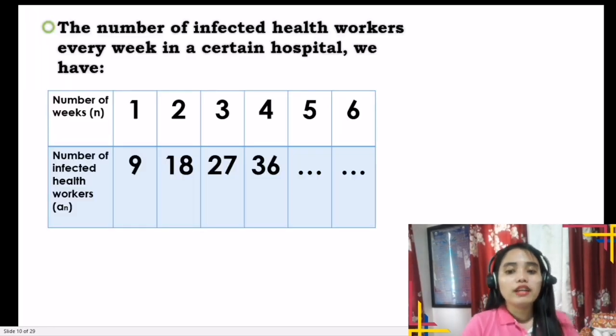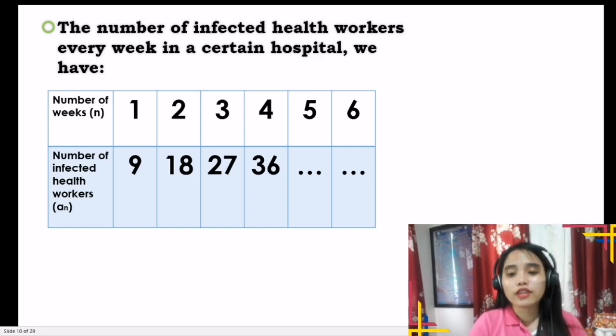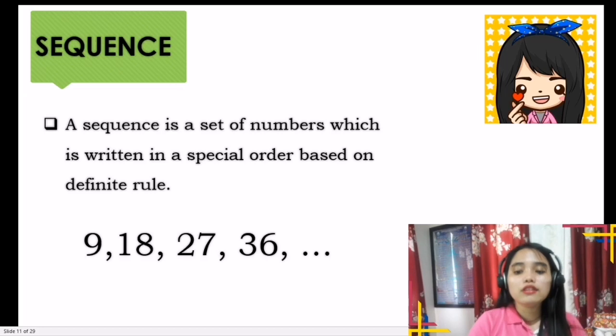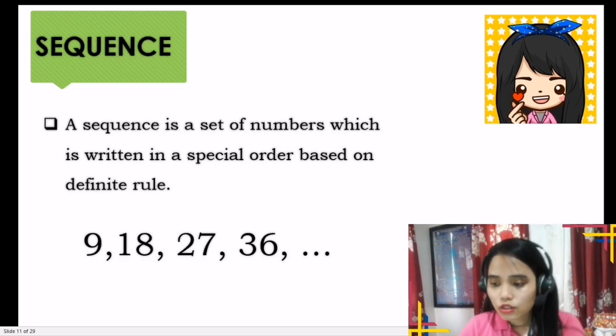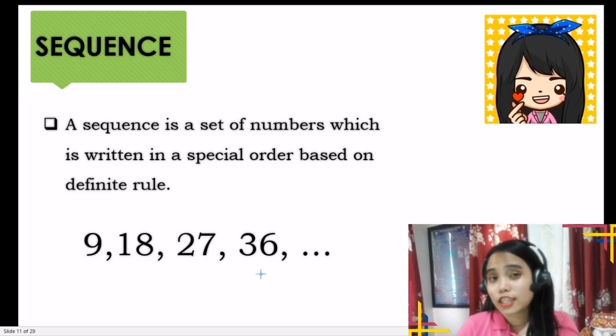We have 9 workers infected for week 1, 18 workers infected for week 2, and so on. It says here that a sequence has a definite rule, so we follow a definite rule. What is the definite rule that you see here?